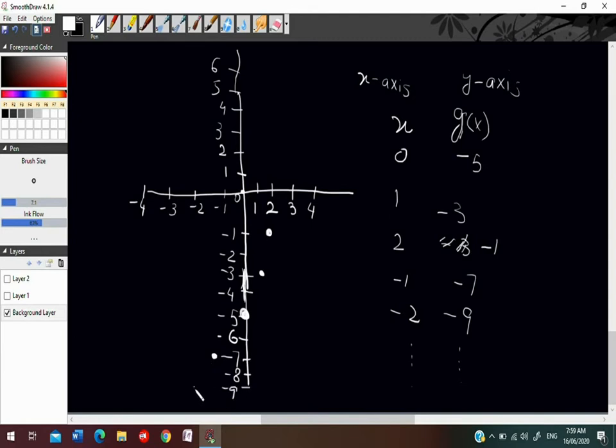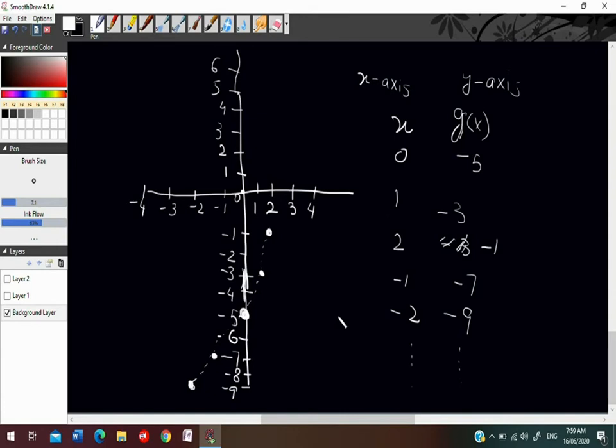So when you join all these points, you get the graph of this function. It must be a straight line because we have a linear function, and whenever we have a linear function, we get a straight line.